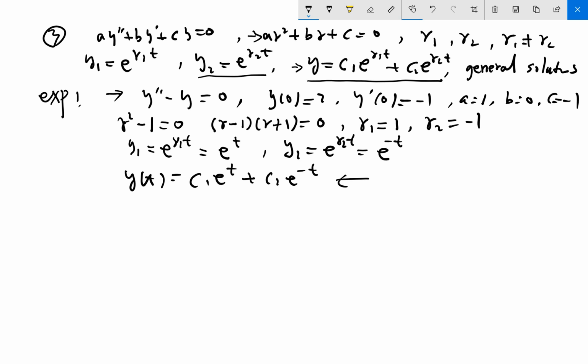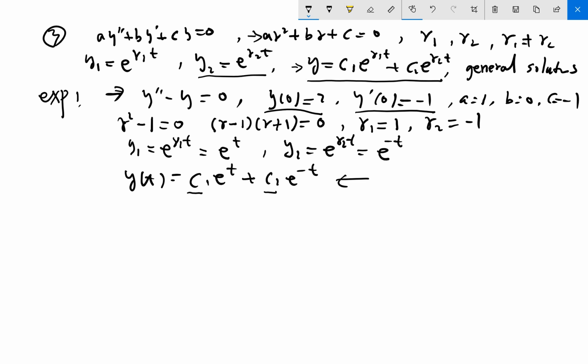For a second-order differential equation, you're going to have two constants. Therefore, we need two initial conditions to determine those two constants. For arbitrary C1 and C2, they will satisfy this equation. However, if you want y(0) equal to 2 and y prime (0) equal to negative 1, then we have to choose C1 and C2 specifically.